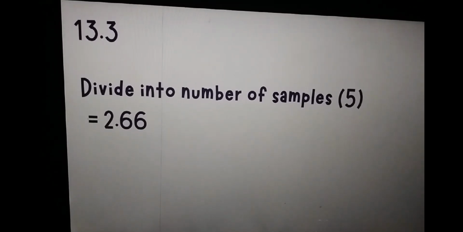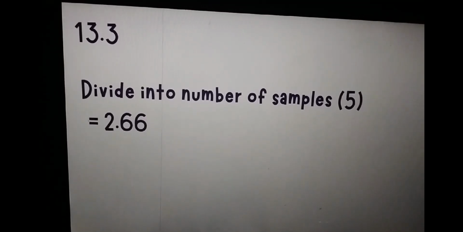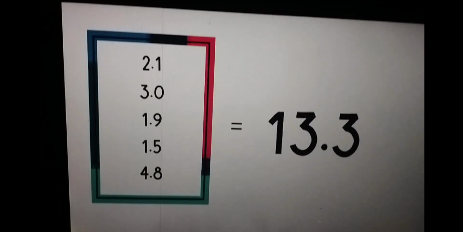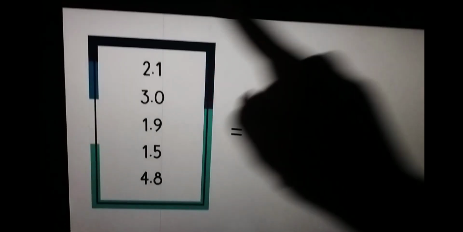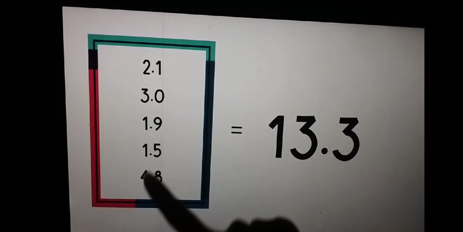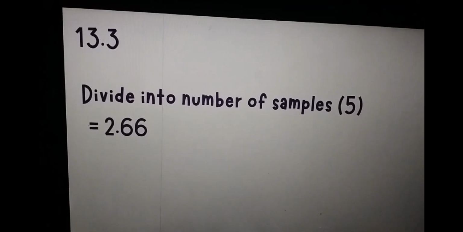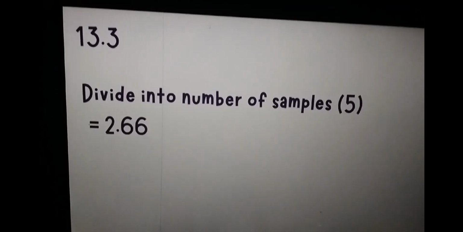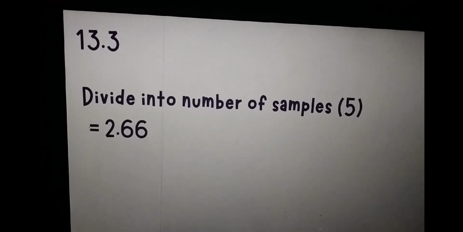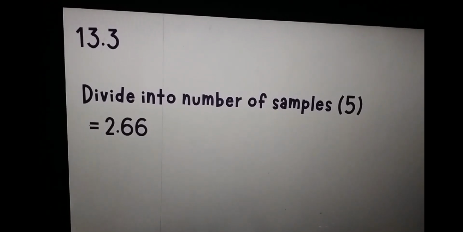Since 13.3 is our total, we divide it by the number of samples, which is 5. If you count the samples again, we have 1, 2, 3, 4, 5. So 13.3 divided by 5 is equal to 2.66.